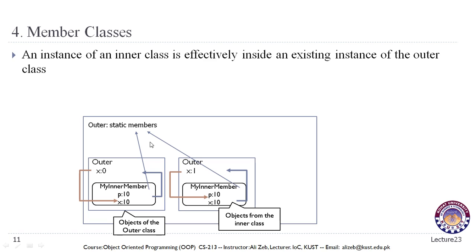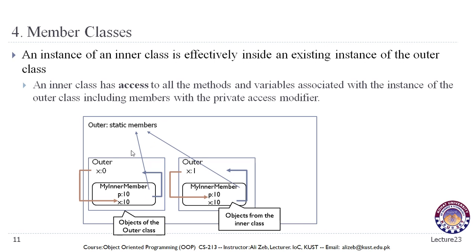The inner class has access to the static members of the outer class, and to all the methods and variables associated with the instance of the outer class, including members with private access modifiers. So basically it has access to all the members of the outer class. It can be said that an instance of an inner class is effectively inside an existing instance of the outer class.